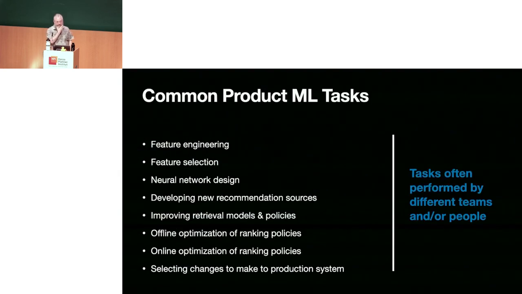And to give you some examples of tasks, we have things like feature engineering, so how do we design better features to put into the model? How do we select what features we should put into the model? The architecture of the neural network, how should the recommender system work? What are different ways that we can be producing recommendations?